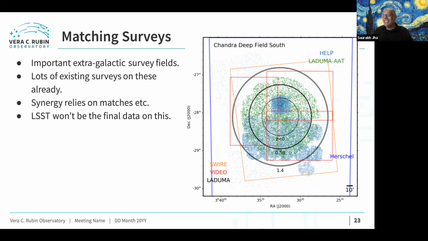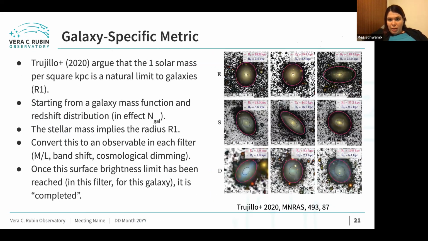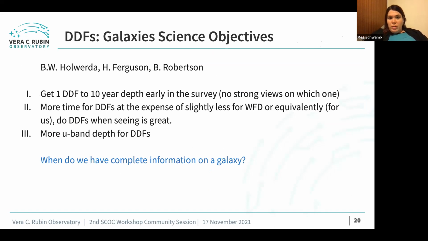Yeah, Meg, please. I think it's partly related to what Lynn wrote in the chat. The question I had when reading this cadence note was, you want to rapidly get a deep drilling field with 10-year cadence. Isn't that what commissioning has to do anyway? It has to at least get to 10-year wide, fast, deep cadence in at least one field to test things out.